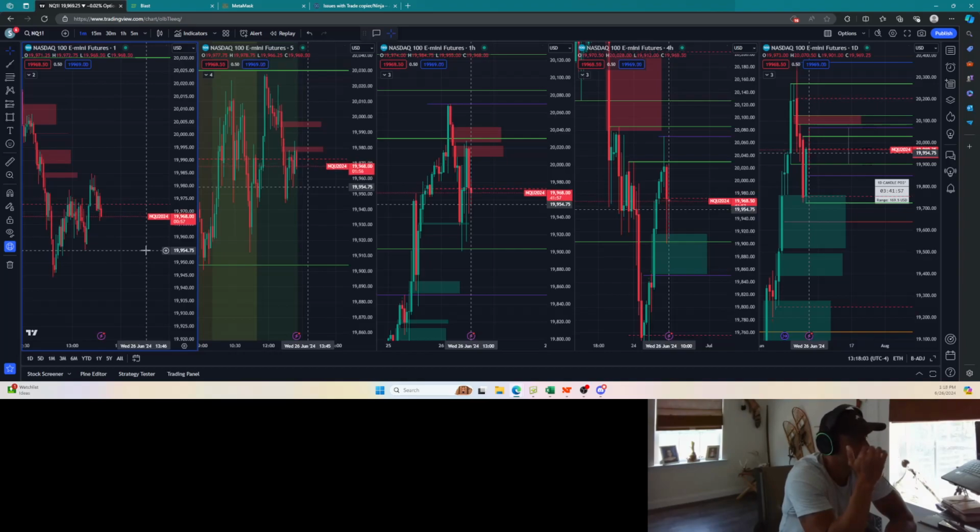Because otherwise, the imbalances show me where price will balance, and the wicks show me where liquidity is at. So I don't really need the levels like I used to, because I've transitioned to just using imbalances and liquidity.